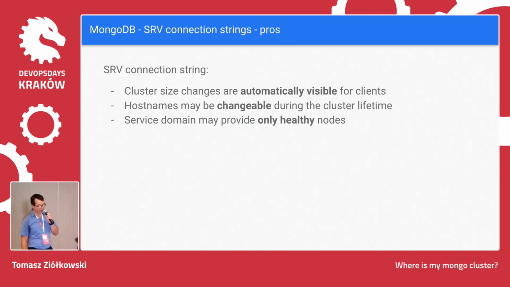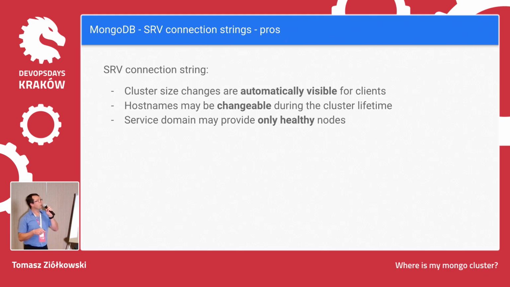I will describe it a little later. Thanks to that solution, we are able to reflect the cluster changes on the MongoDB driver without recreating or reconfiguring the connection string.